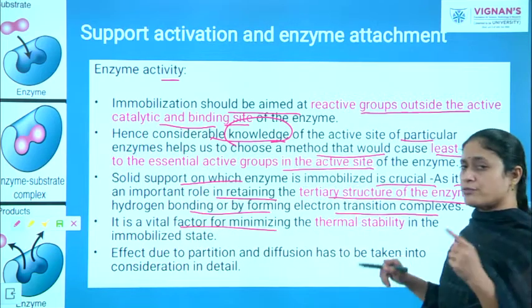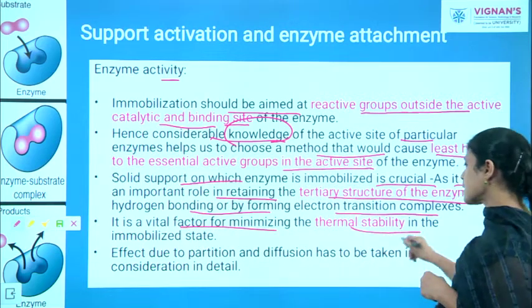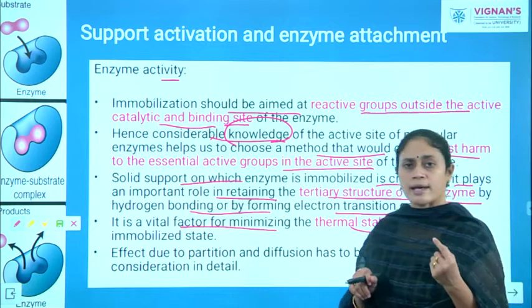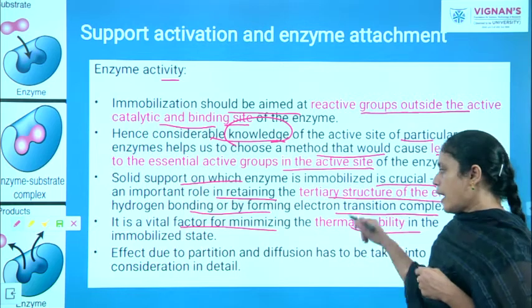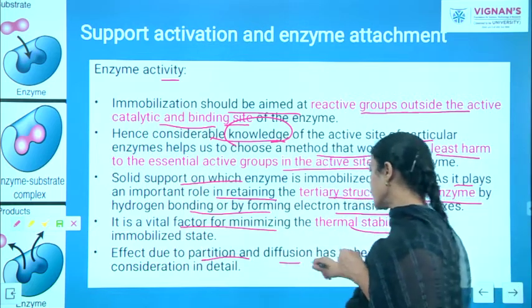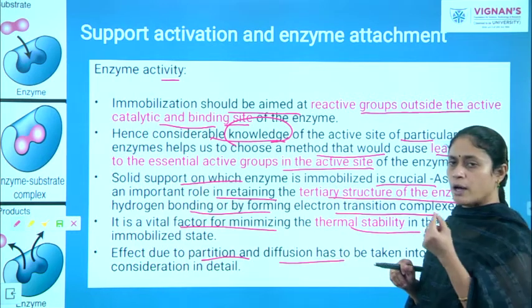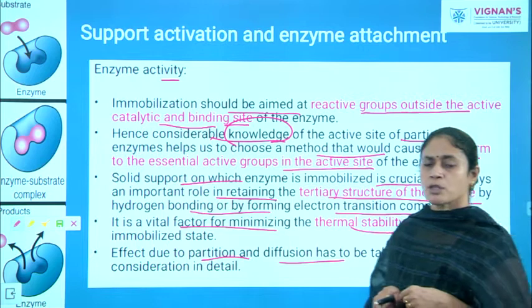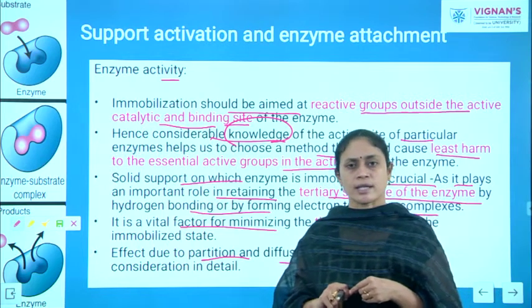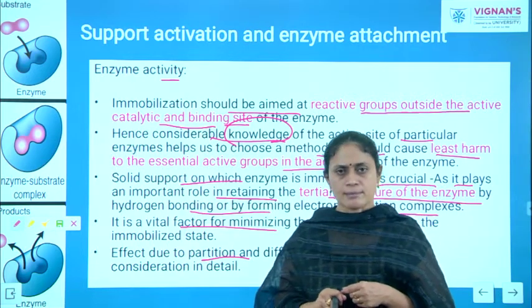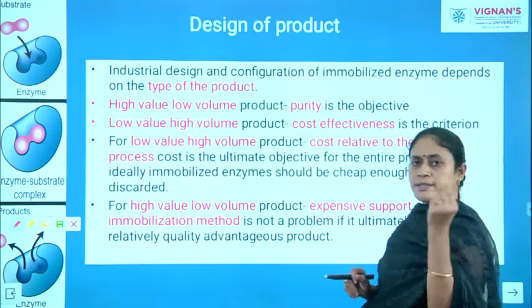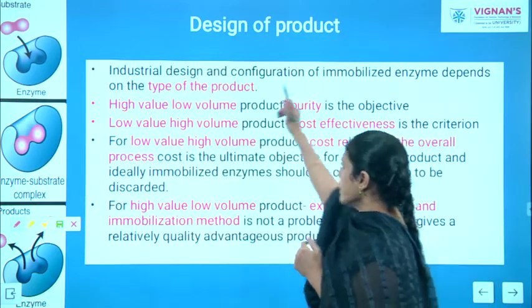It is a vital factor for minimizing the loss of thermal stability in the immobilized state. Effects due to partition and diffusion have to be taken into consideration while you are studying the suitable immobilization technique for your enzymes.